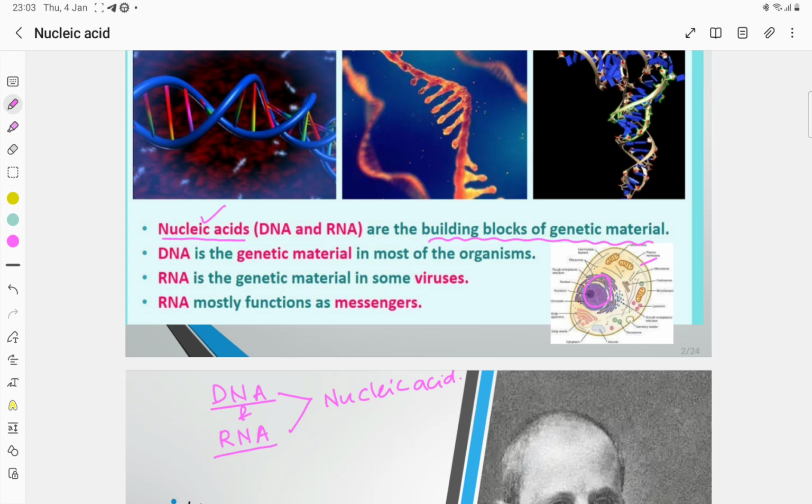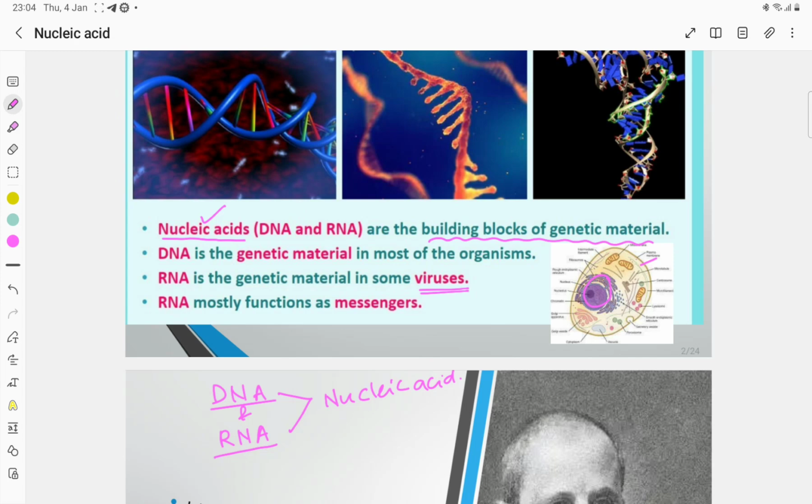Now the question is, what type of organism contains RNA as its genetic material? That is the virus. You know that viruses are of different types, DNA viruses and RNA viruses, because a virus is such an organism which does not contain both DNA and RNA; either DNA is present or RNA is present.